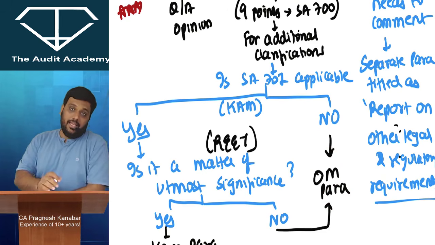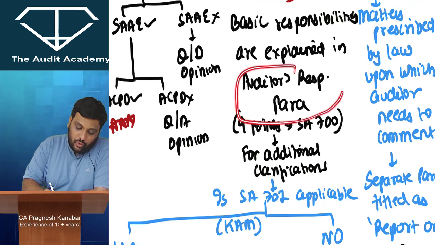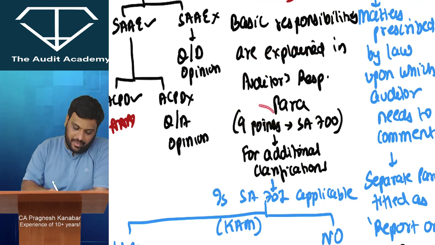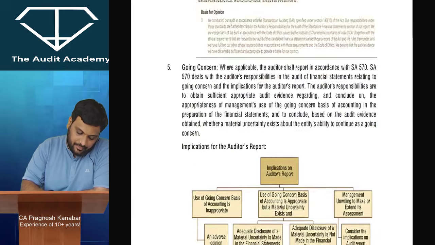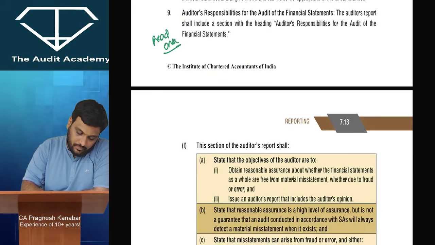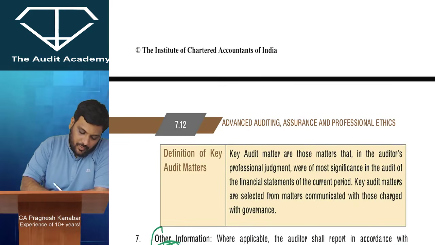All right. So my dear friends, listen to me. You should be very well aware about what is covered in auditor's responsibility paragraph. These 9 points, which are given over here in the module, in the new syllabus module 7.12.